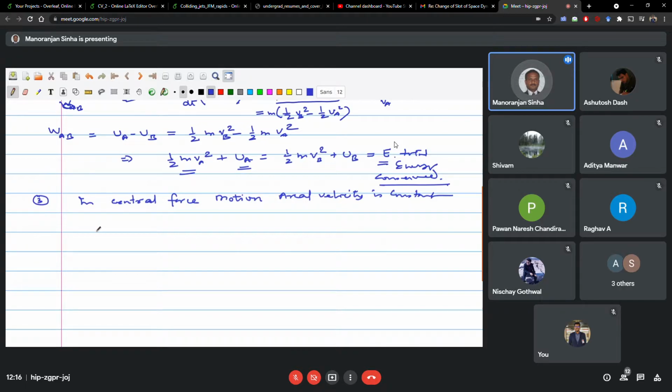The area is a vector. Therefore, areal velocity we can write as dA by dt, and we have to prove that this quantity is constant.